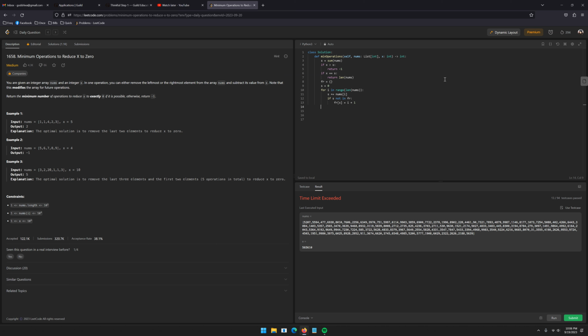We're going to make this easy on ourselves. And then we need the opposite. How are we going to do this? 1 to length of nums plus 1.